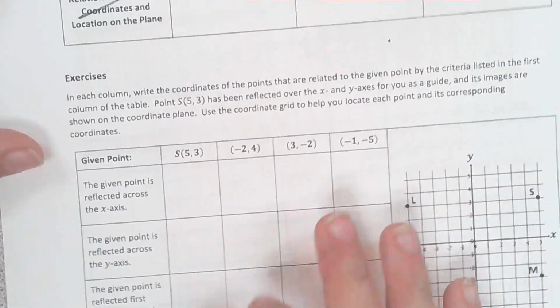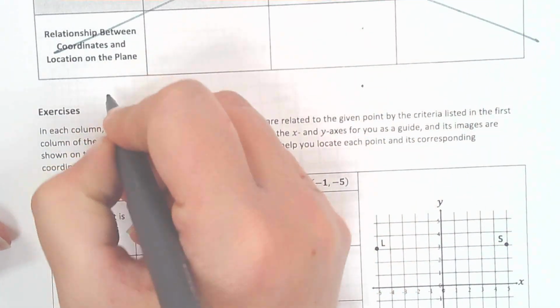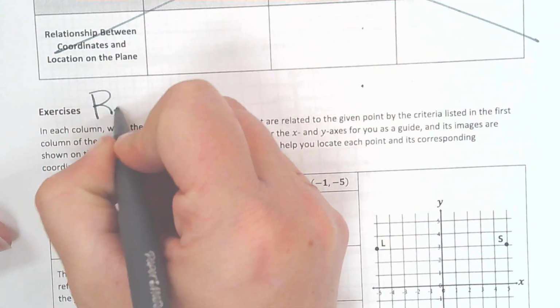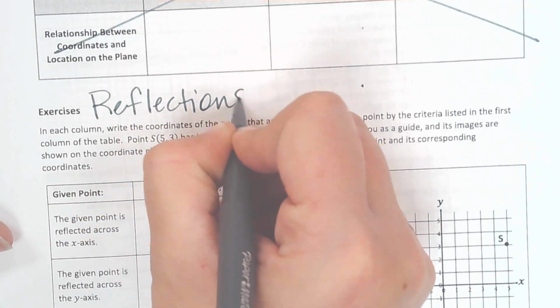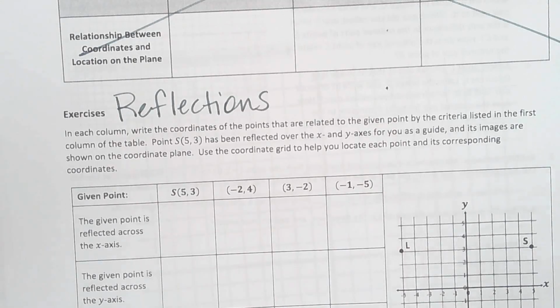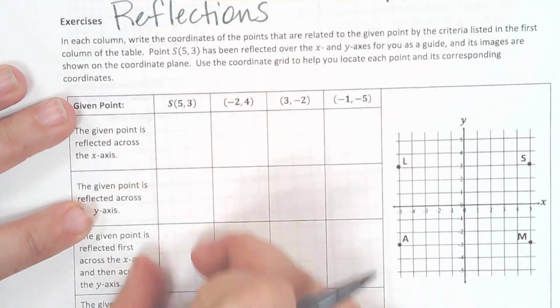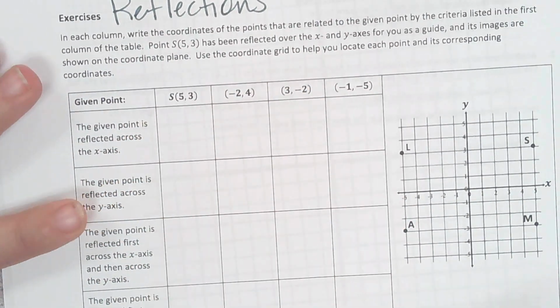So this is where our lesson is truly coming in, where we're practicing that symmetry, but now we're going to call it reflections. And it did it for us starting out on this first column. We're going to be working on this first column right here.